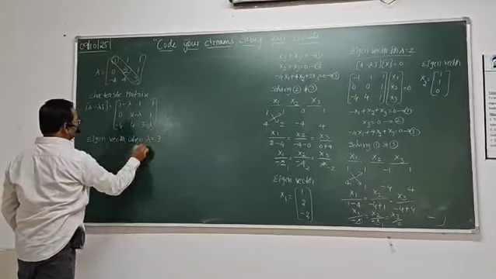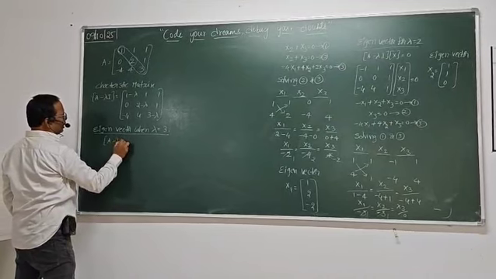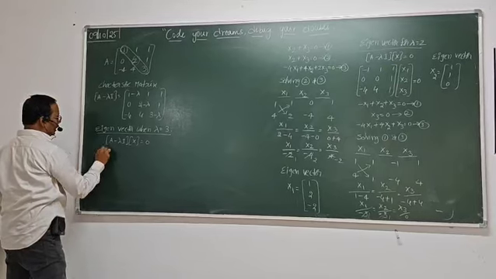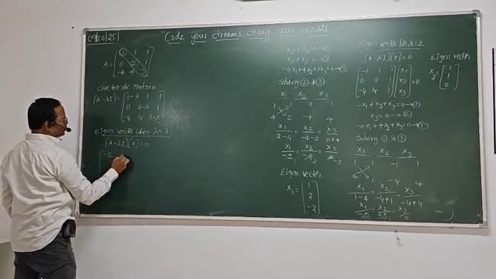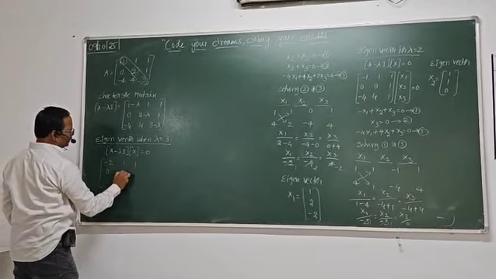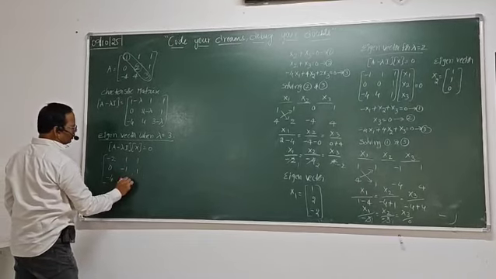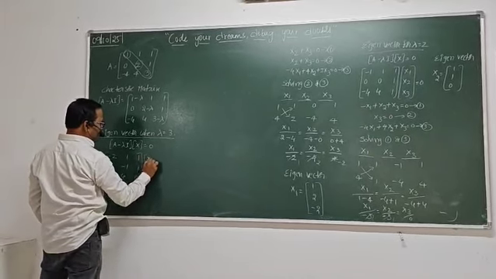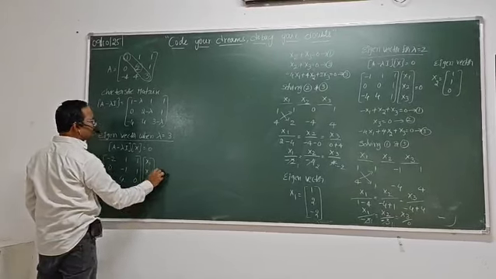When lambda equal to 3, it is (A minus lambda I) into x equal to 0. Substitute this lambda value in the characteristic matrix: 1 minus 3 is minus 2, 1, 1; 0, 2 minus 3 is minus 1, 1; minus 4, 4, 3 minus 3 is 0, into x1, x2, x3 equal to 0.